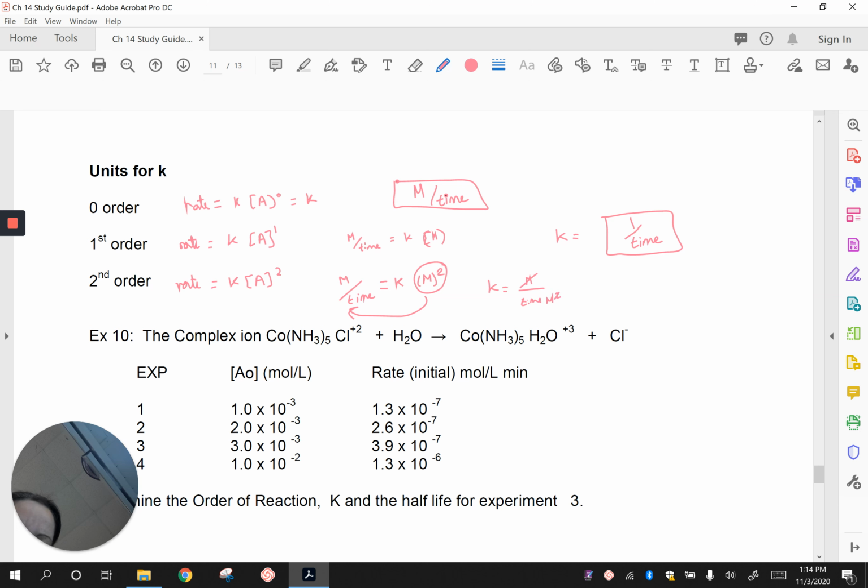This cancels with 1 over these, so I end up k being 1 over molarity times time. So these are the units. Again, you can just memorize them for zero, first, and second order, or you can come up with them the way that I just showed you.